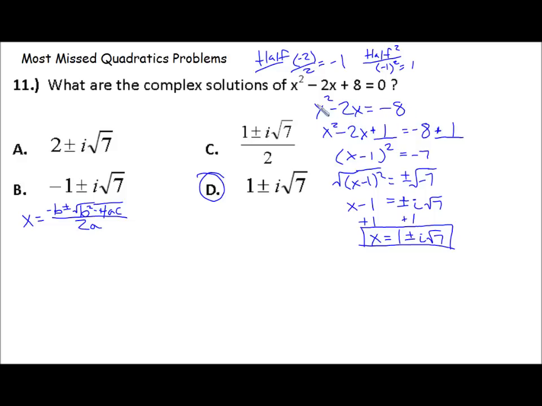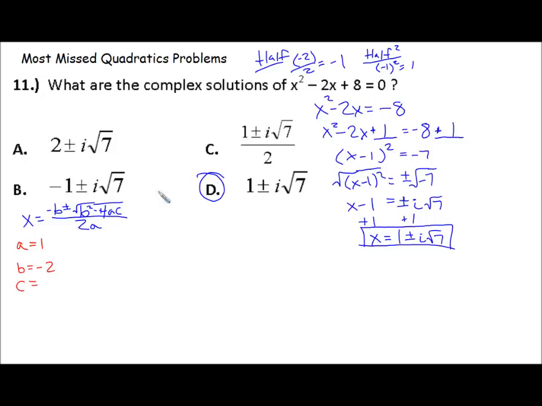If we identify our a, b, and c values, let me go ahead and switch colors here because I'm doing a new method, brand new work. My a value, since this is in standard form, is whatever's being multiplied by x squared. In this case, it's just 1. Your b is your middle term, or what's being multiplied by x with the sign, so that's -2.